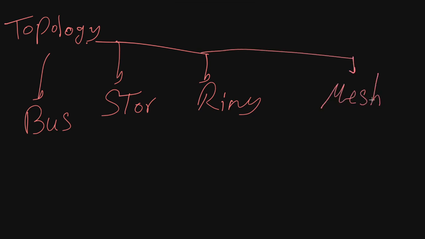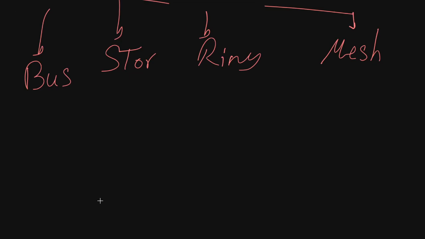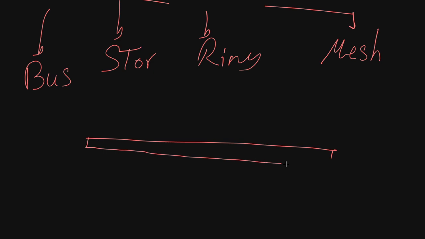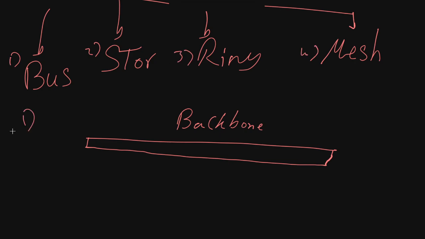Okay, so starting with the bus. The bus is like a long line, a long cord. This is the bus topology. A long cord being connected is called the backbone, and multiple devices are connected to this backbone.